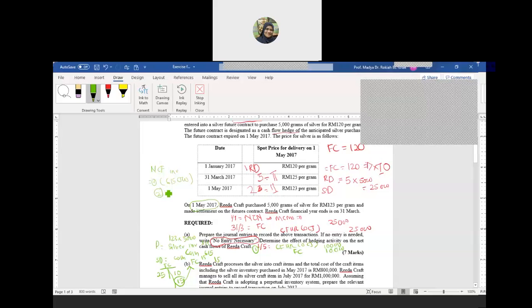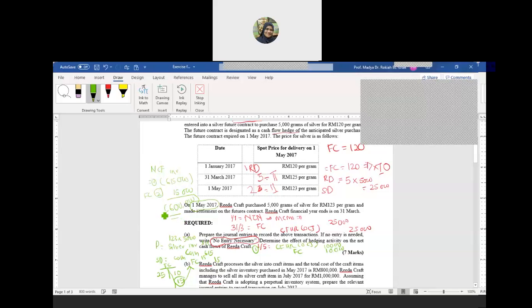And then the other one you have is positive 15. This positive 15 is from the sale of your future contract. So the difference, the effect on your net cash here, is only negative 600,000. So this is the answer for the effect on your net cash flow.